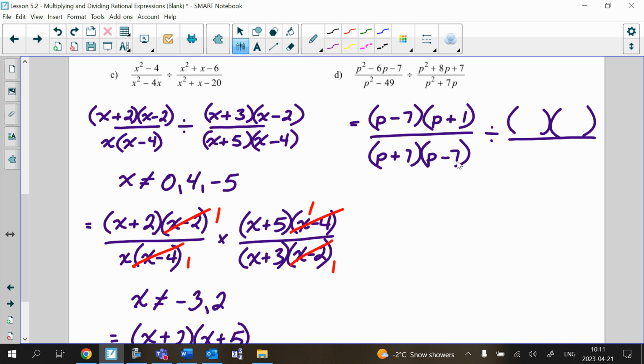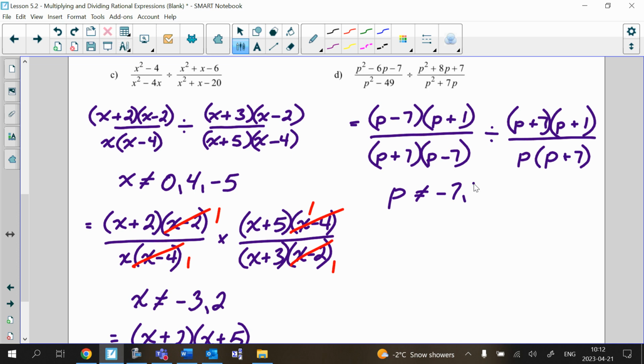NPVs. P cannot be negative 7, 7, and 0. Now let's change to multiplication by flipping the second fraction.